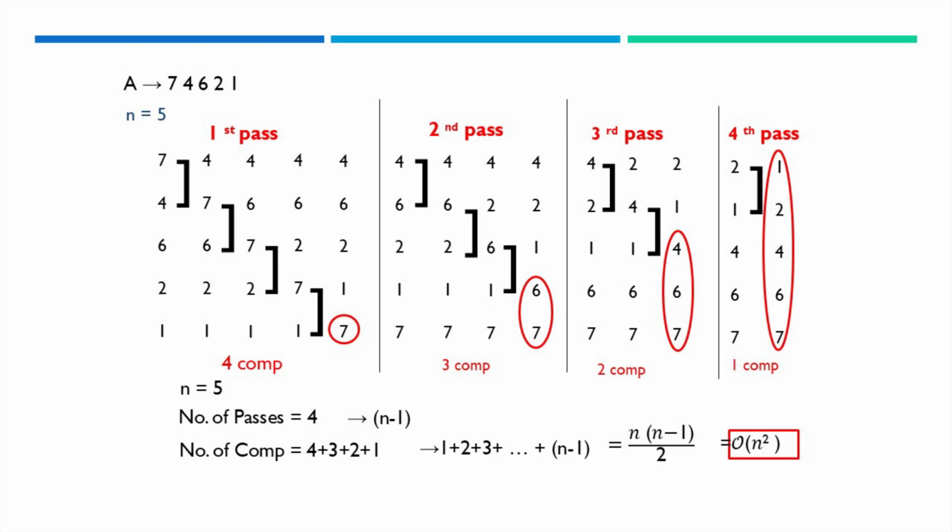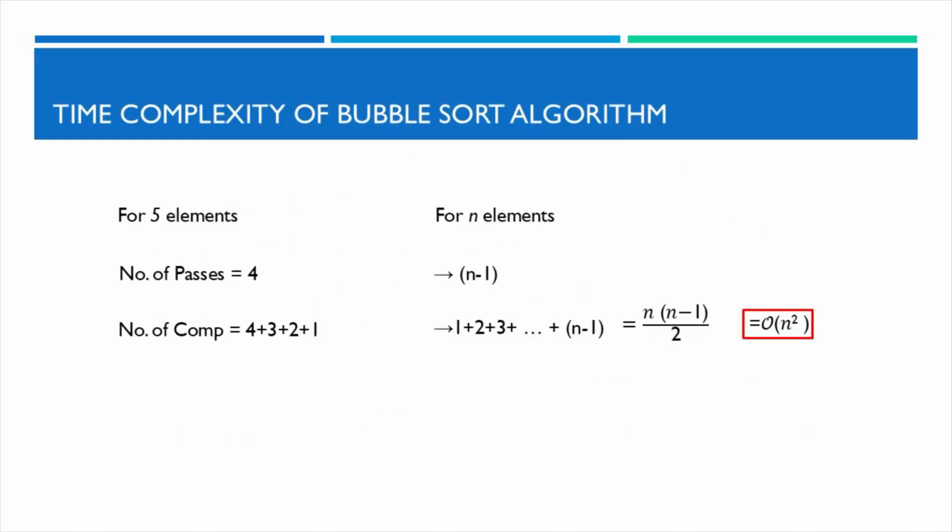Let's see the summary of this video lesson. In this video lesson, we explored bubble sort, one of the simplest sorting algorithms. You saw that bubble sort works by repeatedly stepping through the list, comparing each pair of adjacent elements and swapping them if they are out of order.